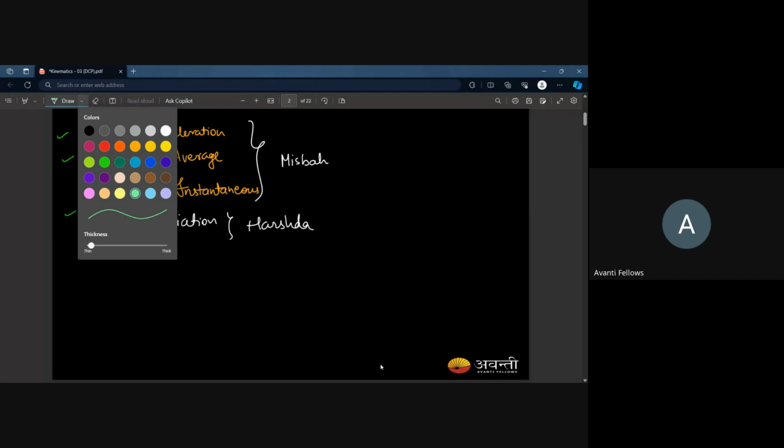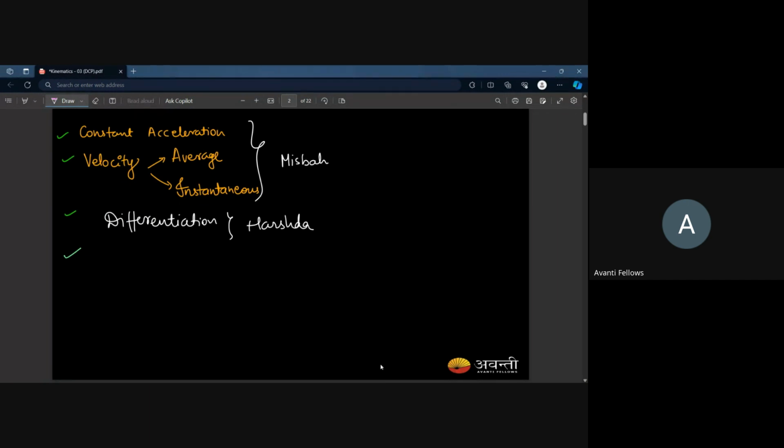From now onwards, we will always do this. I want a recap of the last class, and I will mention the names of students. Who will help me write all the key points? And then Shikha said equation of motion. Very good.